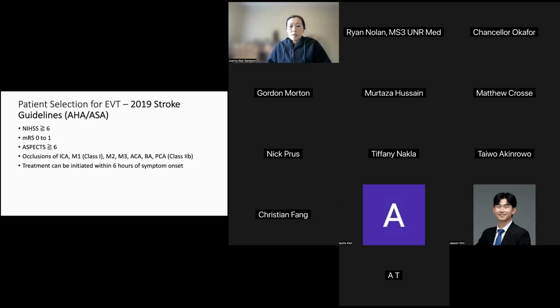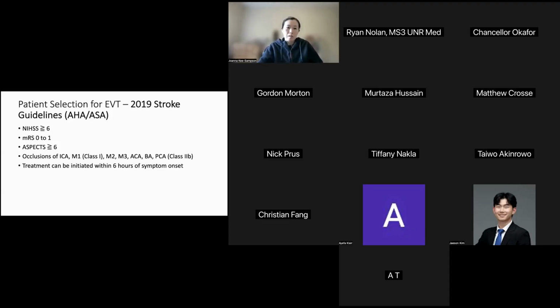Looking at patient selection for endovascular thrombectomy, these criteria are from the 2019 stroke guidelines, which haven't been updated yet, although I anticipate they probably will be soon because of some new data that have come out since then.